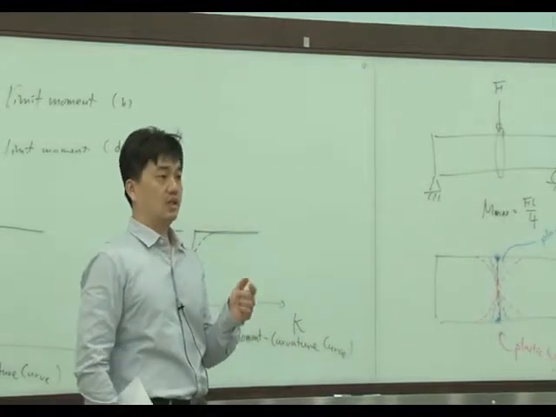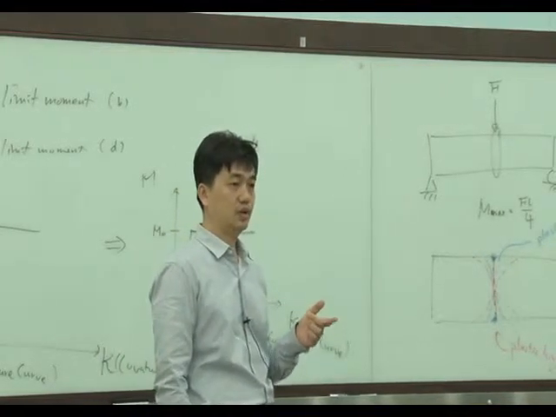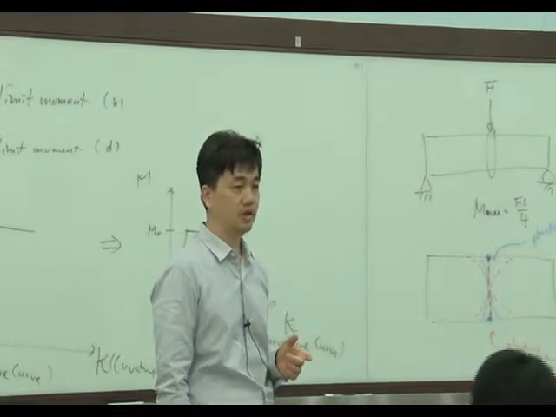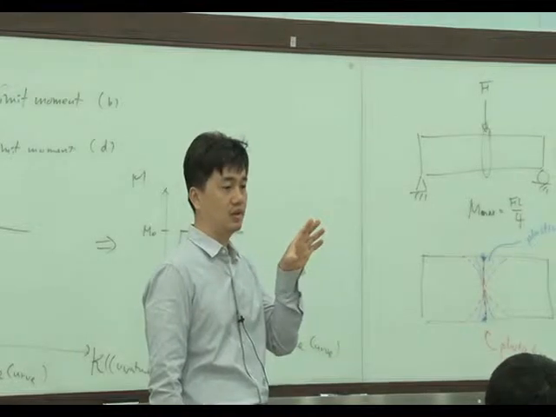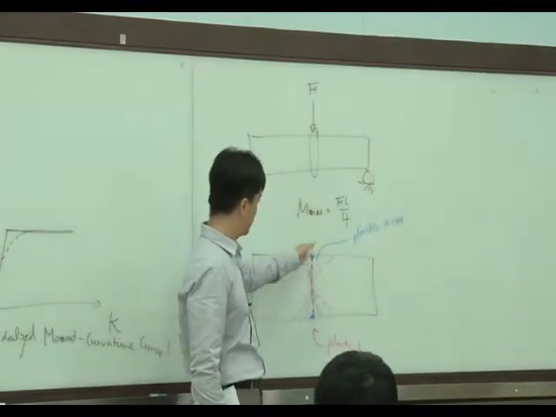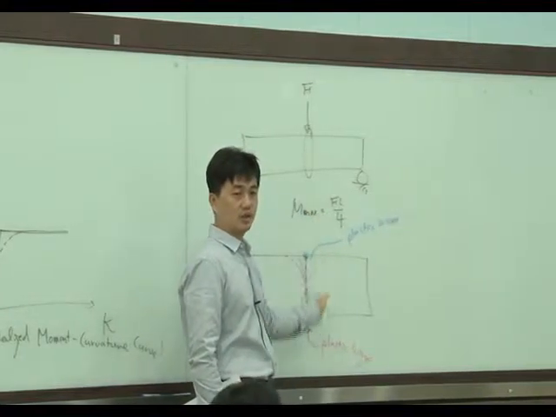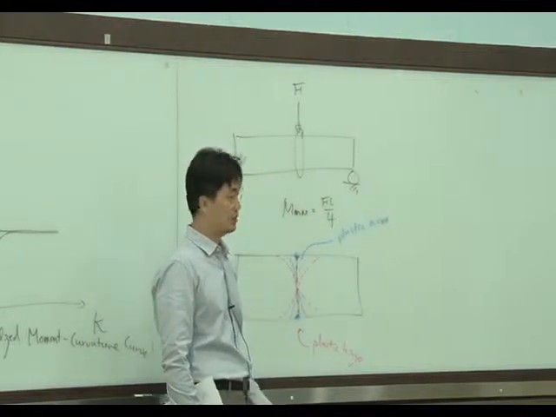So plastic strain happens at the place where the maximum stress happens, right? And then the area grows from that point. And if the plastic area covers the full cross section, this cross section becomes a plastic hinge.